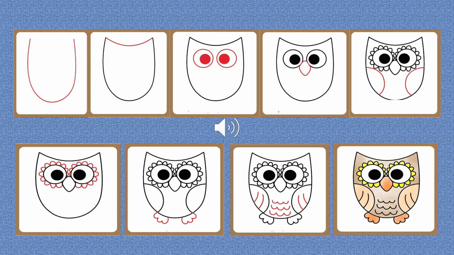And afterward you have to fill in the colors and the owl is finished.